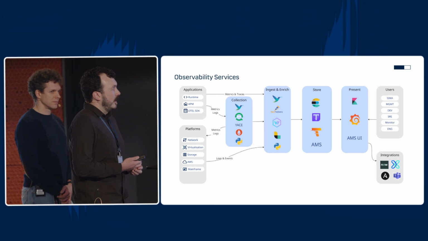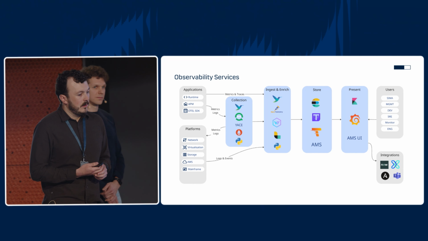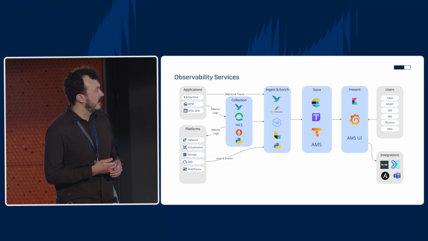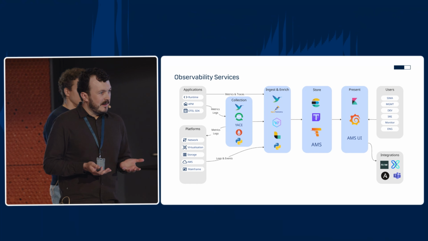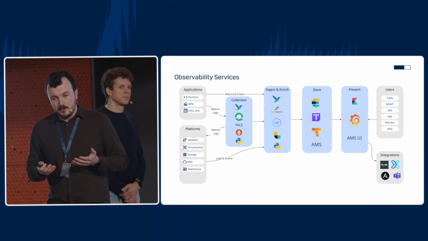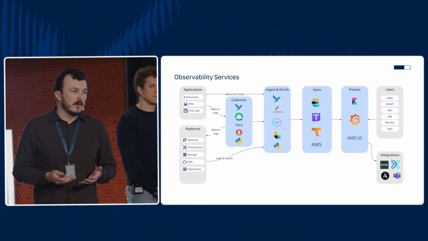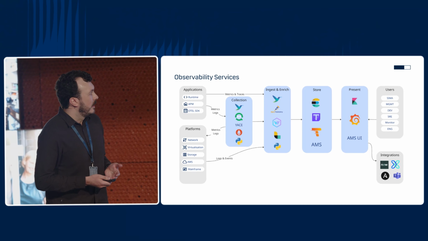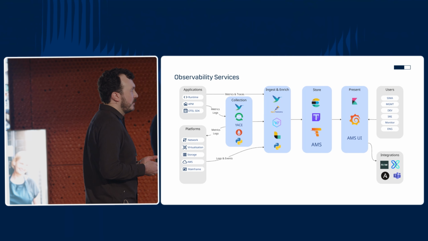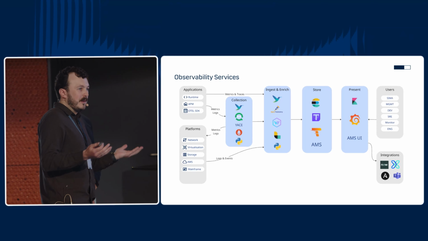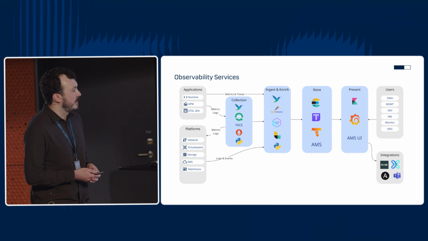Well, there's a little bit more to it than that, because when giving this mix of data, this huge pool of data to users, it is really, really difficult to make sense of it. Especially if you're not an expert in all 150 components that we have, and no one is.